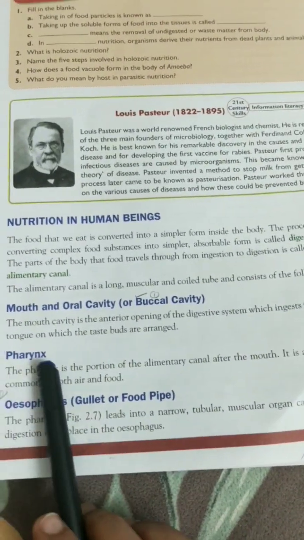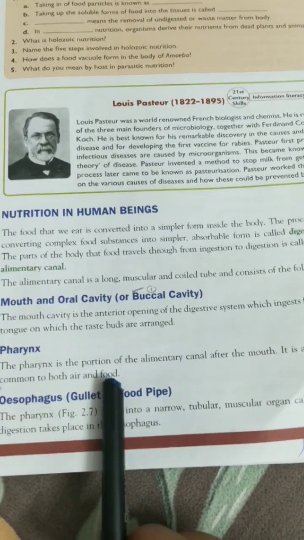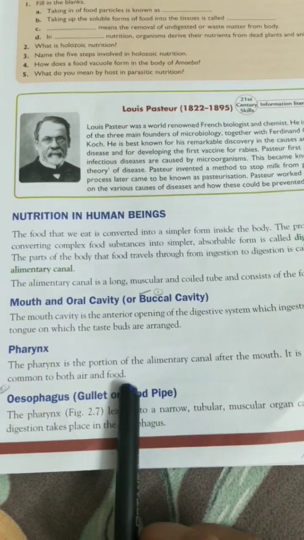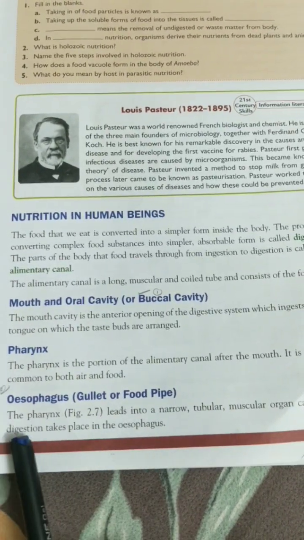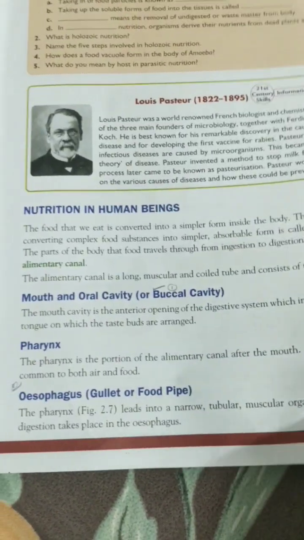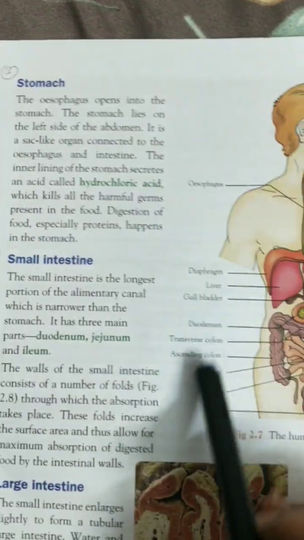First is the pharynx, which is a connection between the food pipe and the windpipe. From where the esophagus starts, the food enters the esophagus and goes into the stomach. In the esophagus no digestion takes place, because it is only a passage, it only passes the food from the mouth to the stomach.